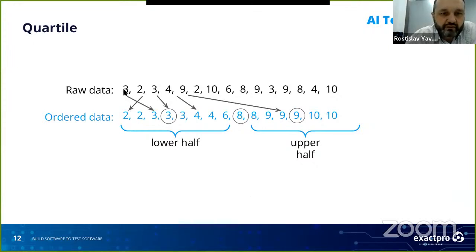So let's consider the following example. Say you have raw data, like 3, 2, 3, 4, 9, 2, 10. I don't know what it could be, just anything. So you just have some measurements. In order to compute your quartiles, you first need to order the values. You see, the smallest one goes here, 2, then you have another occurrence of 2, then you have 3 from here, another 3 from here, and another 3.